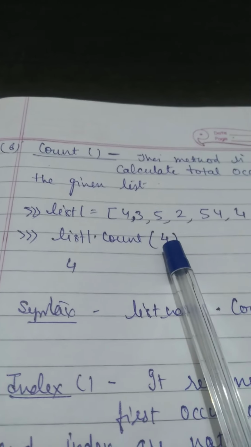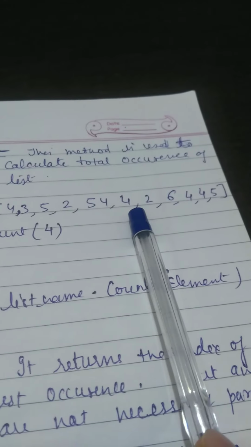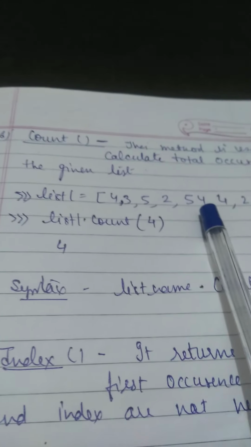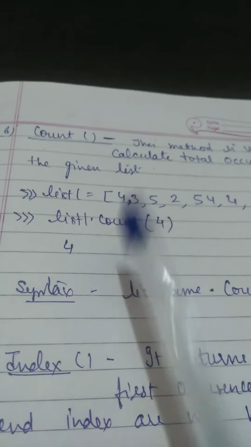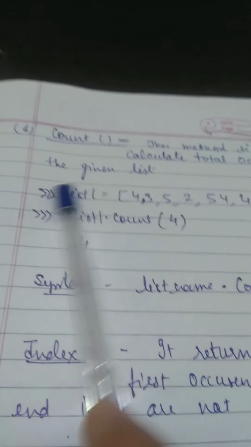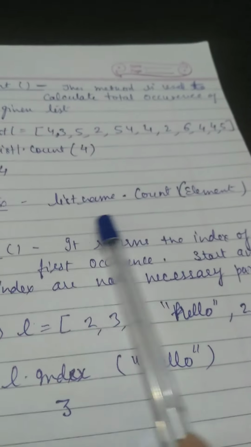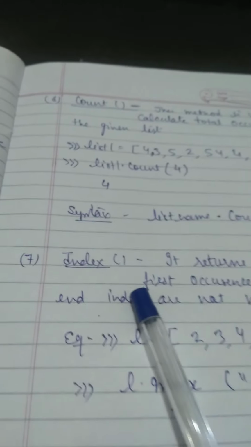The occurrences of 4 are 1, 2, 3 and 4. This 54 will not be counted, it's not 4, it's 54. So the output will be 4. The number 4 has come 4 times in this list. Understood? This is the syntax of this function: list name dot count element.